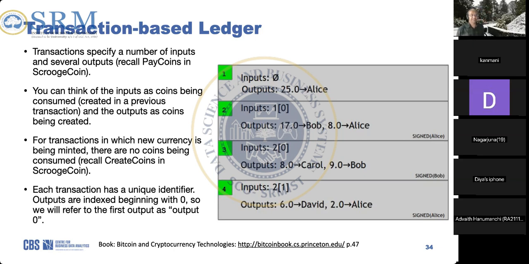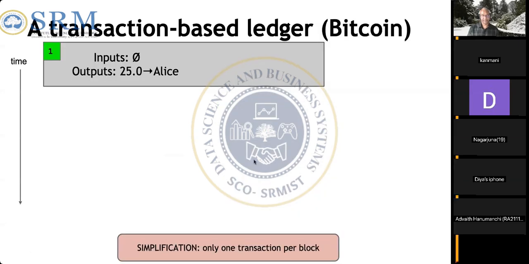For transactions in which new currency is minted, there are no coins being consumed, so you have an empty value. Each transaction has a unique identifier, and the outputs are being indexed. So as I mentioned before, 2,0 is nothing but a coin which is created in the transaction ID 2, and it is the first coin.